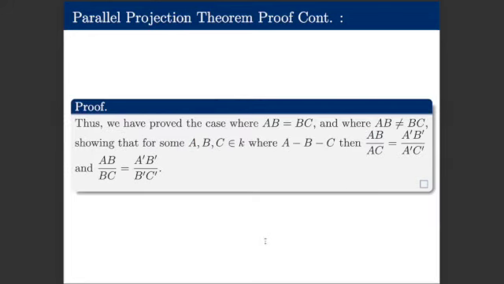So we prove both cases, where AB is equal to BC and when AB is not equal to BC. We showed that for some A, B, C, and K where A-B-C holds, AB over AC is equal to A'B' over A'C', and AB over BC is equal to A'B' over B'C'.